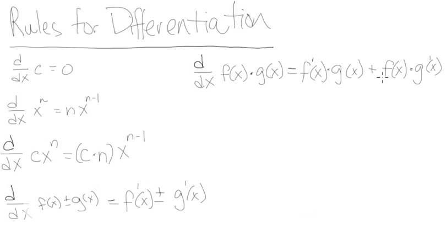Notice it doesn't matter which order you do them in. It's the derivative of the first times the second, plus the first times the derivative of the second. This is something that's a lot easier to see through examples, so let's go ahead and do a few.